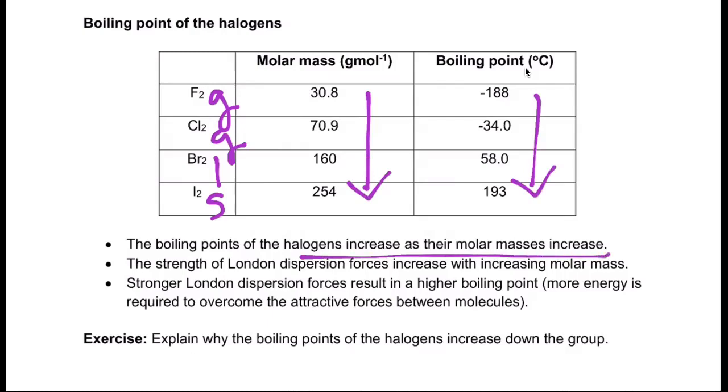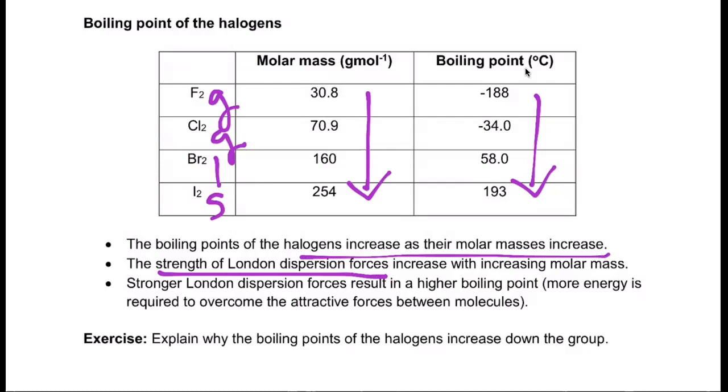The reason the molar mass causes that increase is, as I said a second ago, a heavier molar mass means you're going to have stronger London dispersion forces, because you have more electrons creating these instantaneous dipoles. So larger molar mass means there are more electrons that can cause instantaneous dipoles, and that increases the strength of the London dispersion forces, which makes it harder to change from a solid to a liquid to a gas.